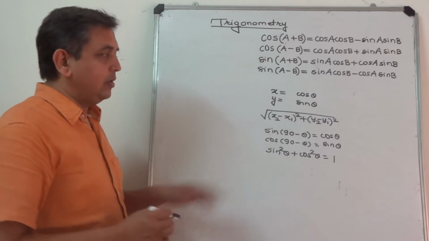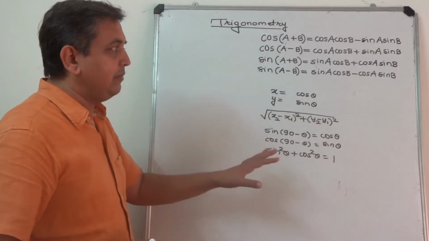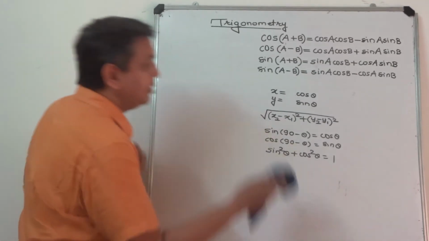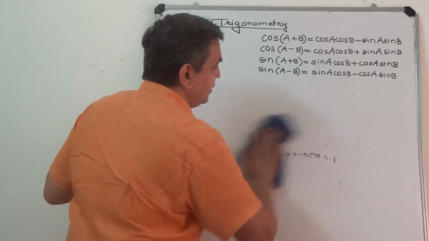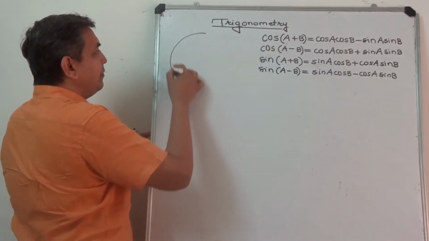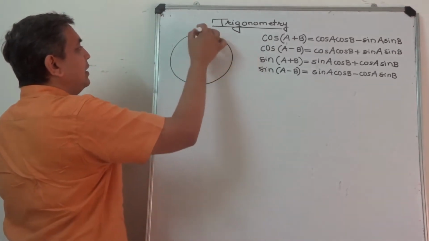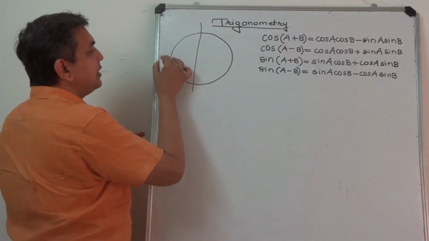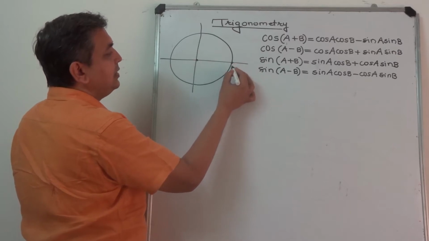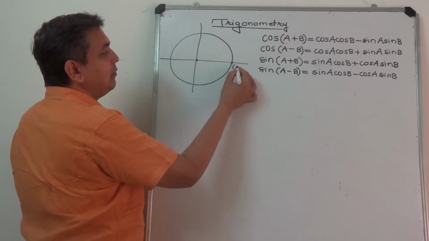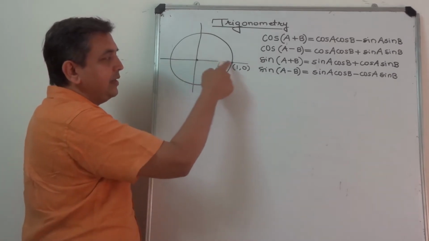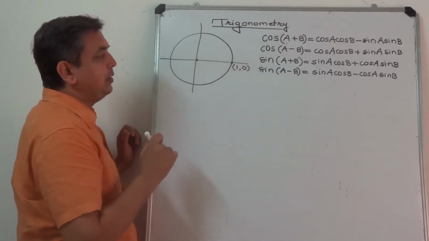Now if we know all these things, then we can very easily derive this second formula. So let us go for the derivation. What we do here is we draw a circle whose center is at origin and radius is 1. So obviously this point is 1, 0 on the x-axis, x coordinate 1, y is 0.